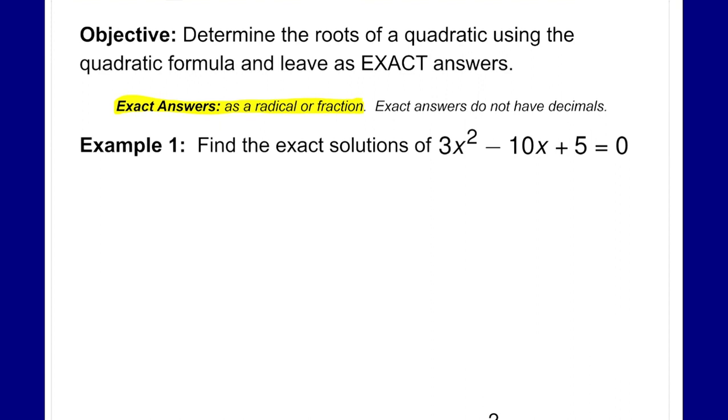Okay, so we want to find out what are the x-intercepts for this quadratic. So we're going to take our values, our a, our b, and our c, and we're going to plug it into our quadratic formula.